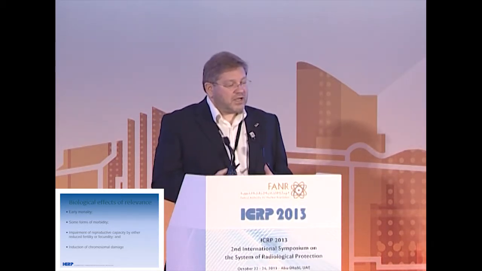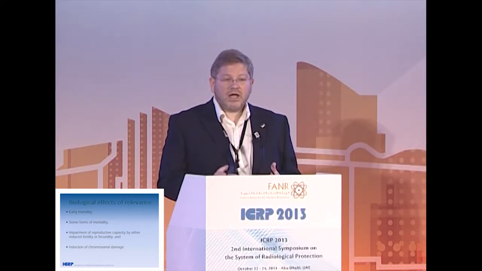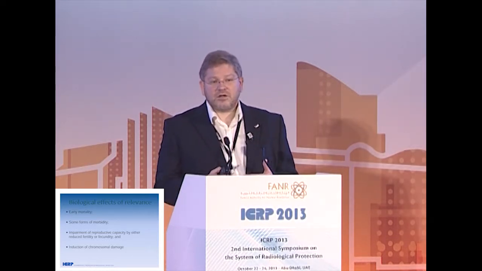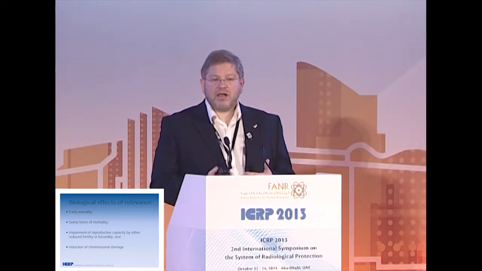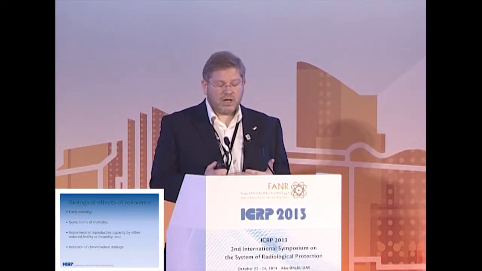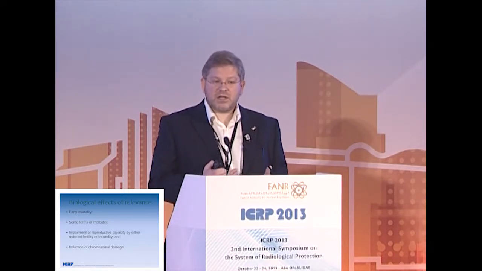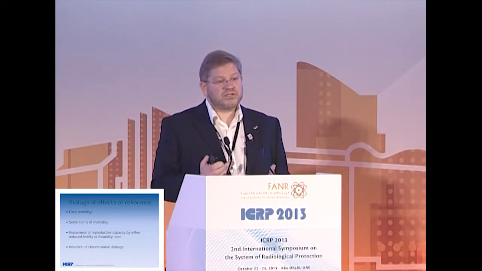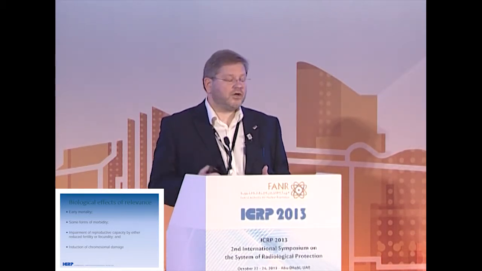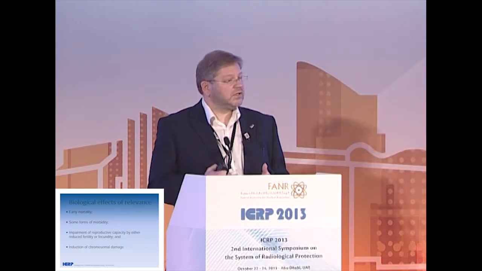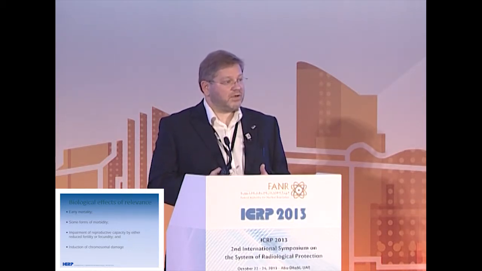We have on the bottom here the induction of chromosome damage, and I have to confess that this is one that has to be relevant to population levels. So it's sometimes difficult to see how mutations won't be manifested in the other effects that I've already mentioned. And this is one of the things that we need to be careful with.